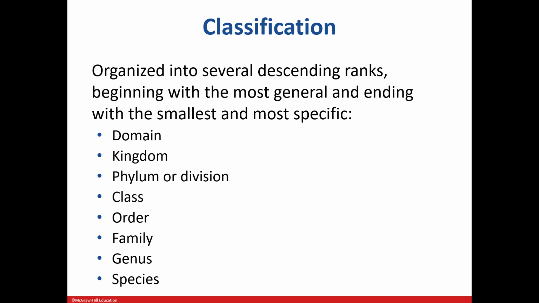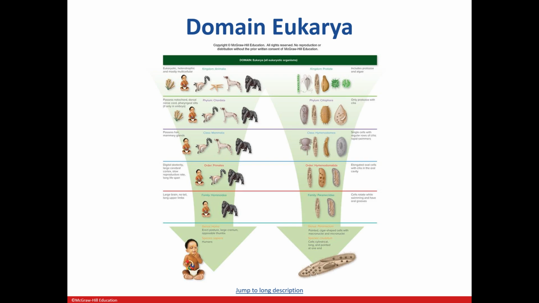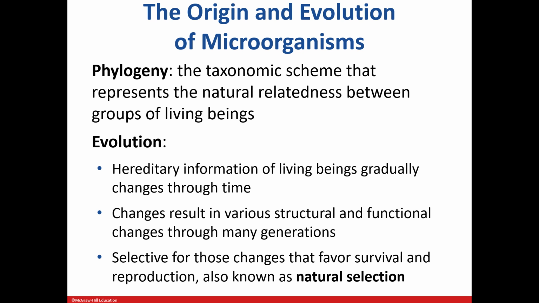Let's discuss the classification. Our most broad group is the domain, with the most specific being the species. We discussed the phylogenetic tree earlier, which looks at relatedness. Of course, throughout time, changes have arose in organisms.